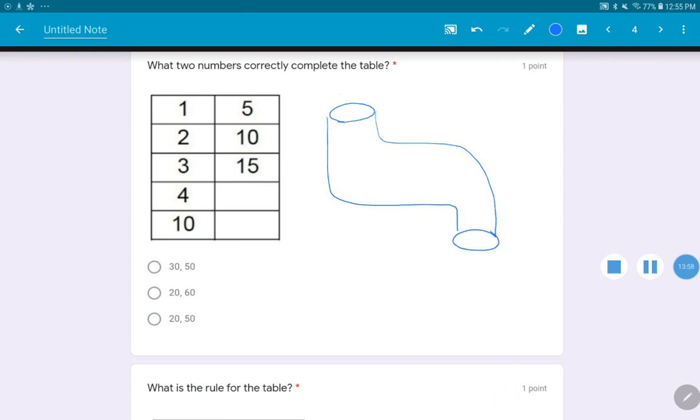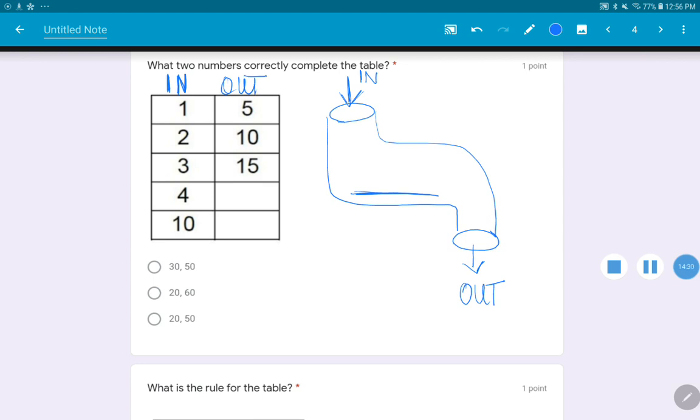To kind of help you remember, if I put something in, so this side of the table right here, if I put this in the machine, something happens, that's the rule, and it puts out a different number. So I drop something in, it changes, and then how the out tells how it's changed.